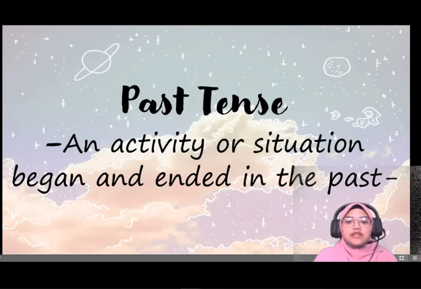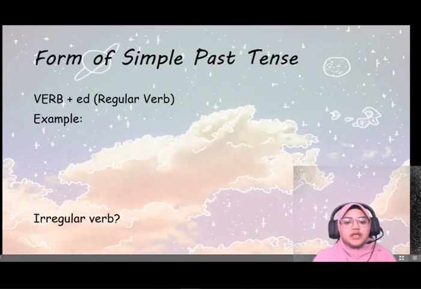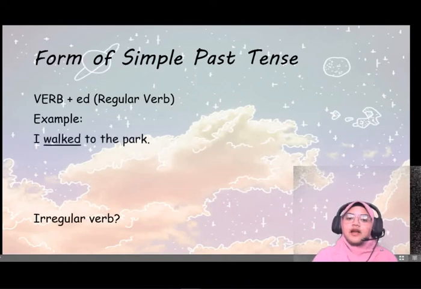Let us look at the form of this tense. The form of a simple past tense is by using verb, which is the action that you are doing, plus ed for regular verb. For example, I walk to the park. I walked to the park.